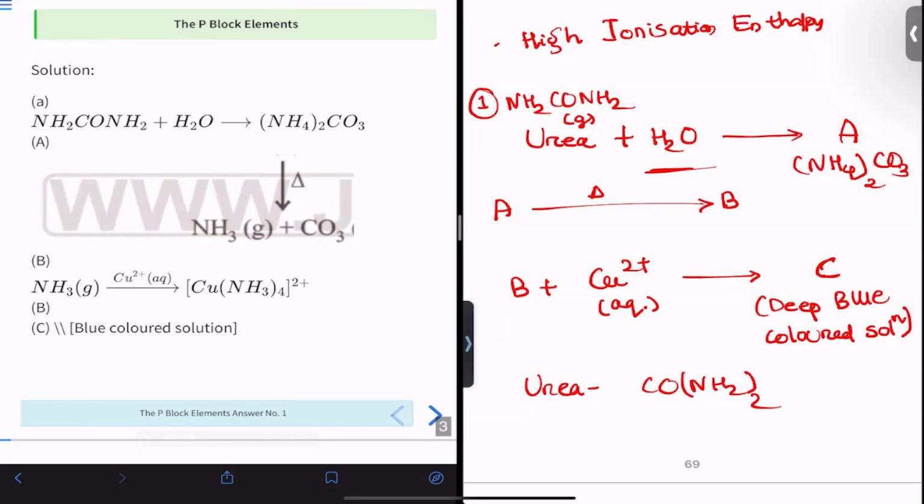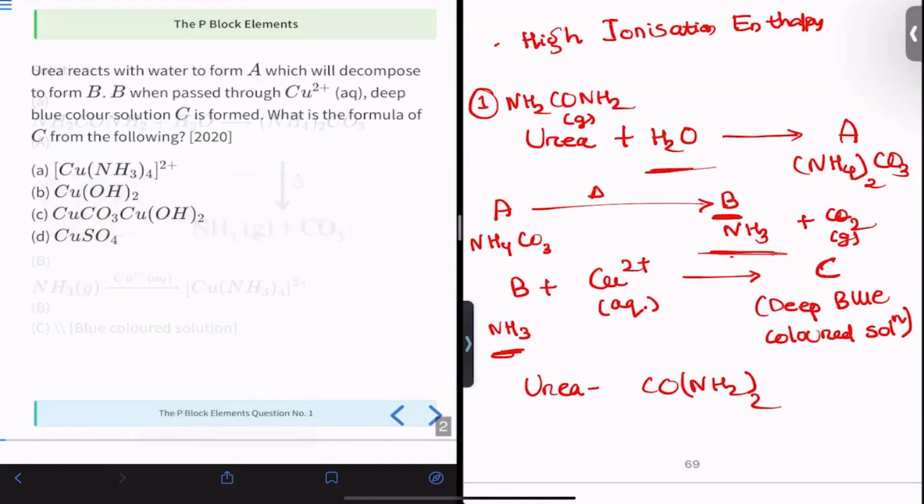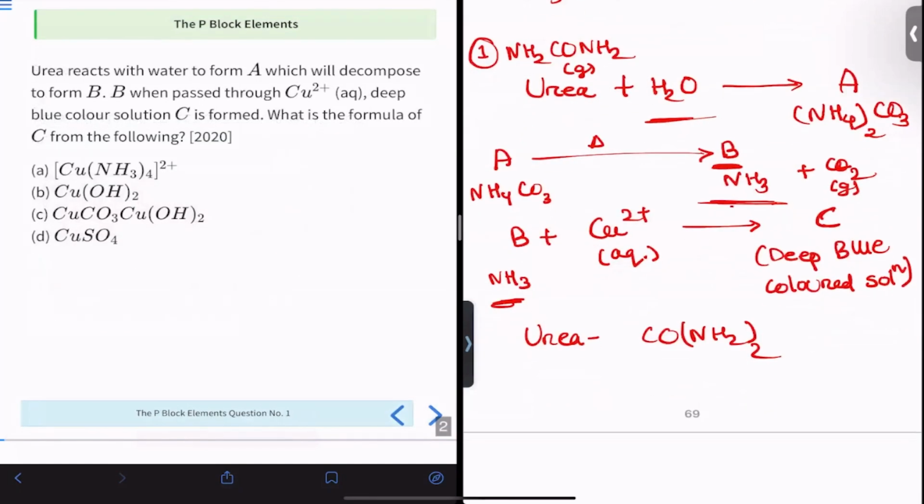And when ammonium carbonate is heated, it will give rise to B. What will be B? It will give NH3 plus carbon dioxide, ammonia and carbon dioxide. And when this B, ammonia, is reacted with copper, it will give a deep blue colored solution.